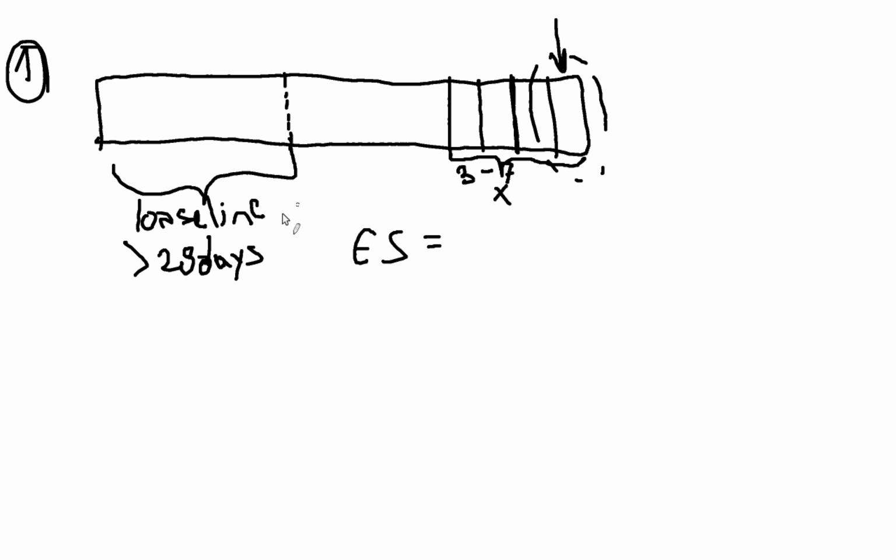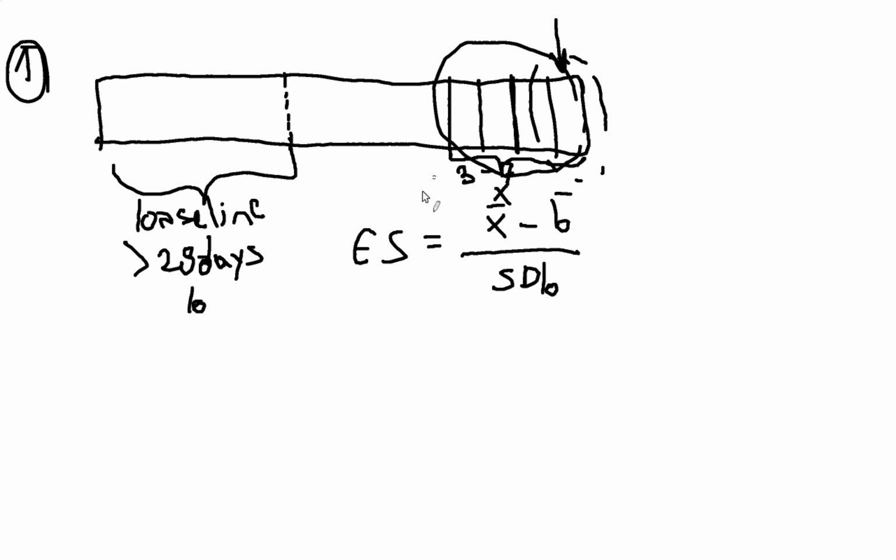If this is x and this is b, the baseline, then we take the average of those 3 days minus the average of the baseline, divided by the standard deviation of the baseline. That can also be used to calculate how different these are, and we're going to filter out or smooth those spikes and get a bit more of a trend, and not overreact on a given day.